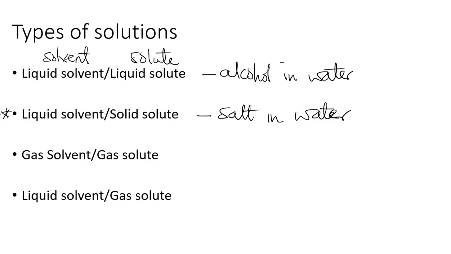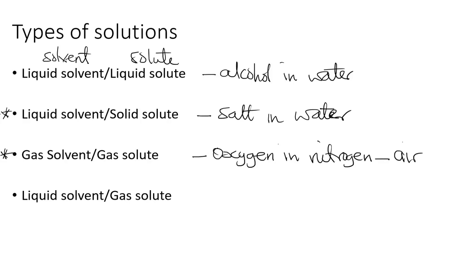Then we have gas solvent, gas solute. In this case, we look at oxygen in nitrogen. So oxygen in nitrogen mixture is called air. So air is a gas solution. Then we have liquid solvent and gas solute.